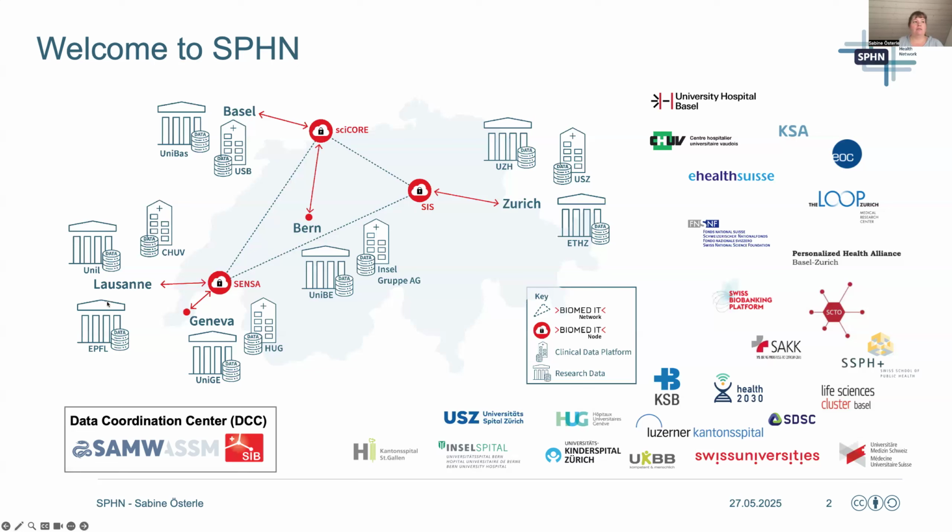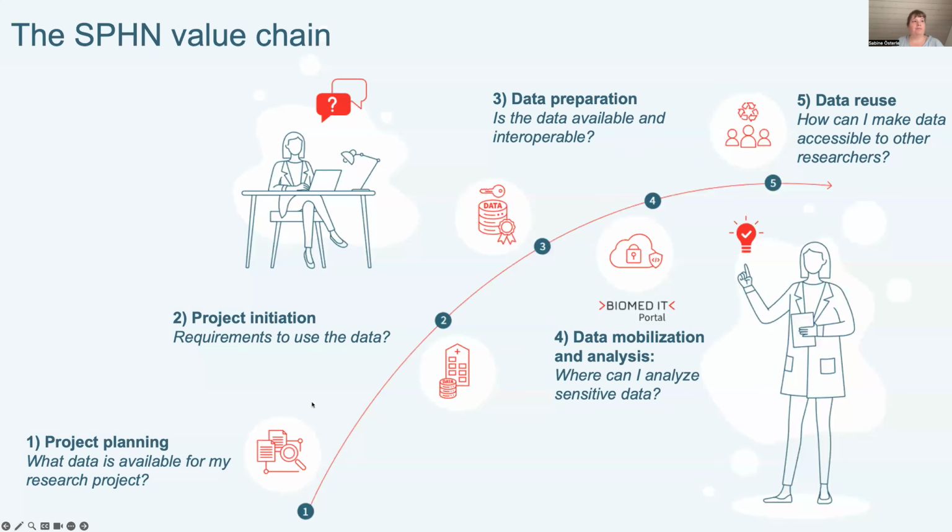All of the activities of the SPHN are coordinated by its Data Coordination Center, which also established the SPHN Metadata Catalog. Researchers within SPHN, but also in general, have to go through several steps when they do their research projects. In the beginning, there's the project planning, where you decide what data you want to use, what your research question is, and where you get this data from.